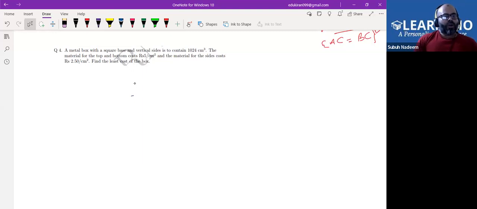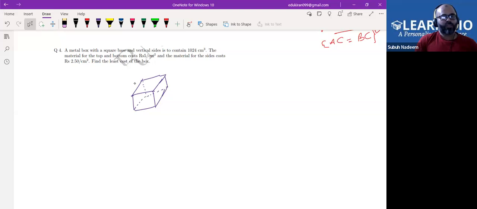A metal box with a square base and vertical sides is to contain 1024 centimeter cube. So that is the volume. So it has a square base.